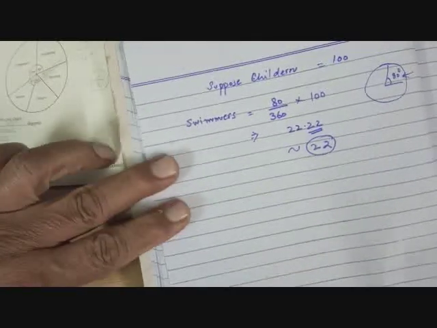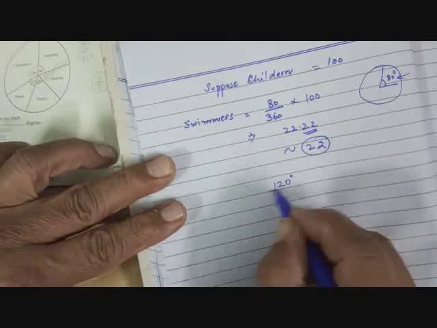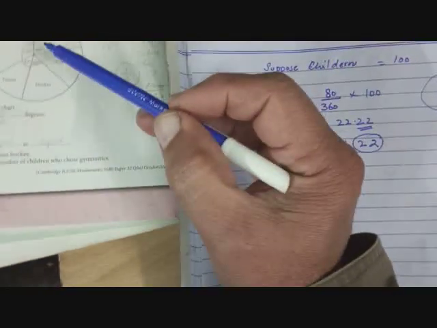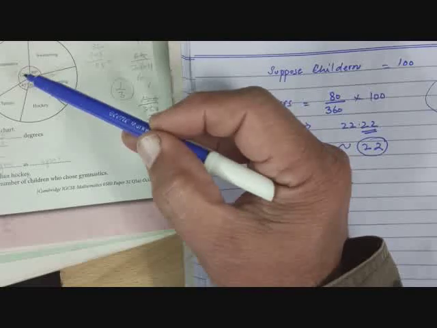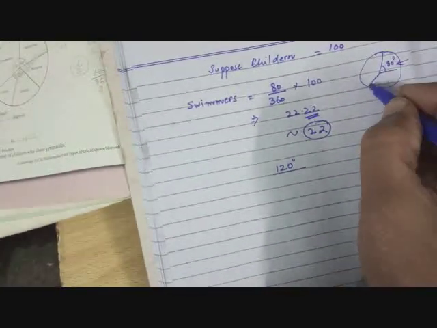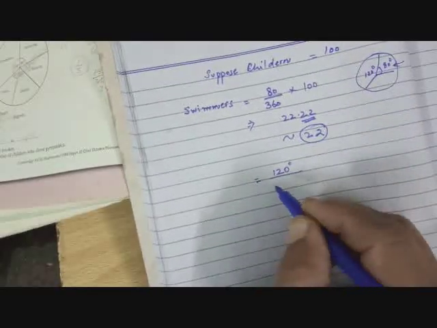Now gymnastics is 120 degrees. As you can see over here, 120 degrees.